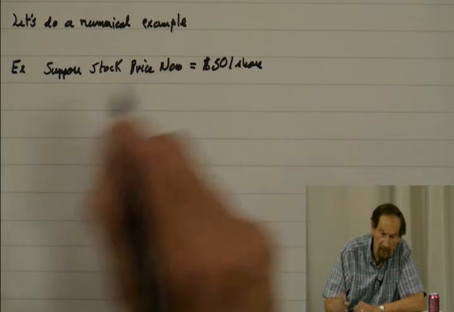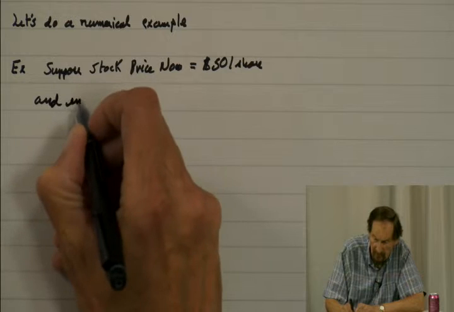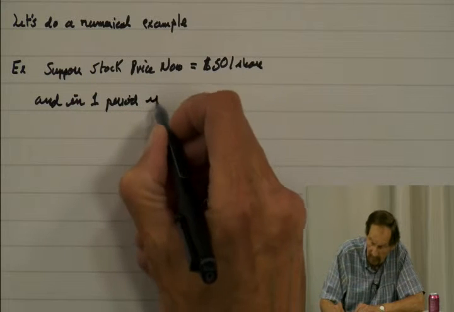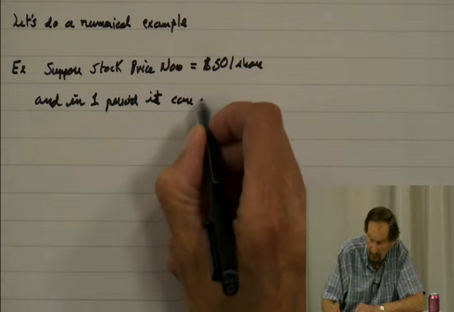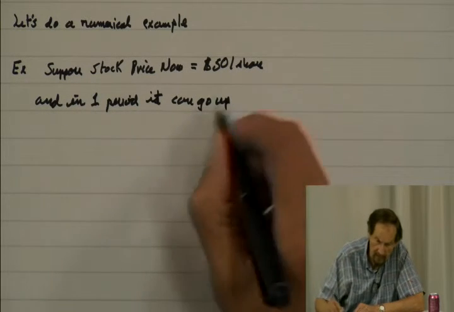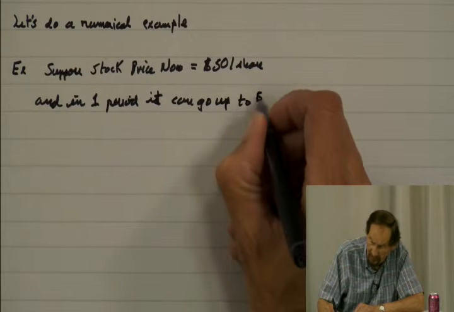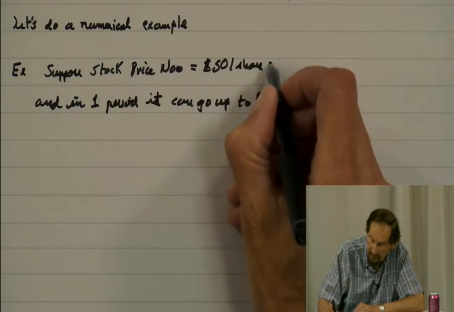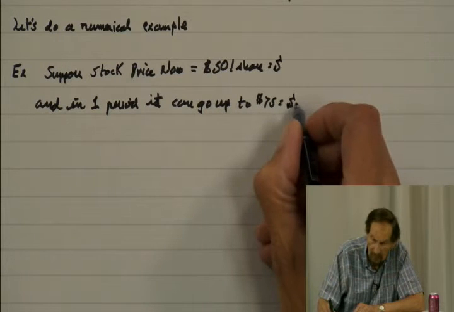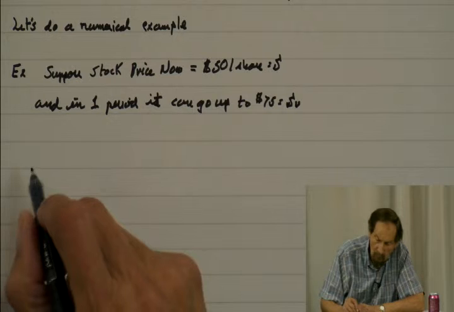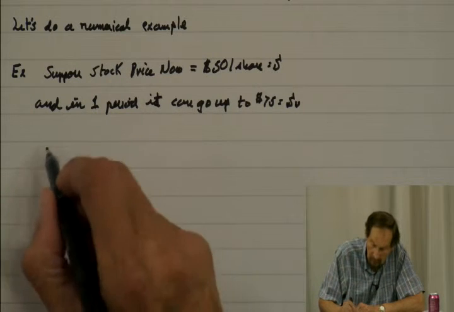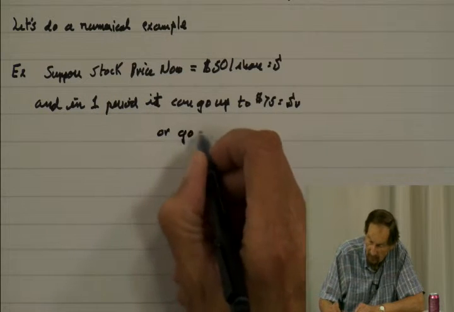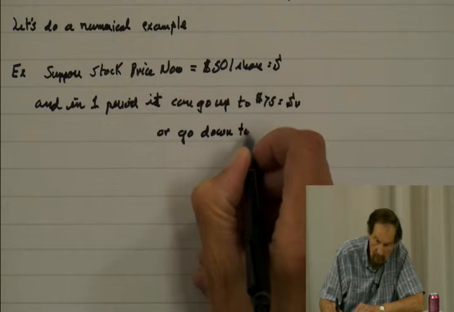And in one period, it can go up, so this is a volatile stock, to $75 equals SU, or go down to $25.